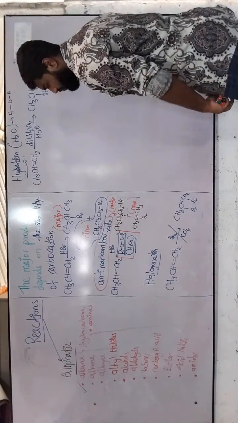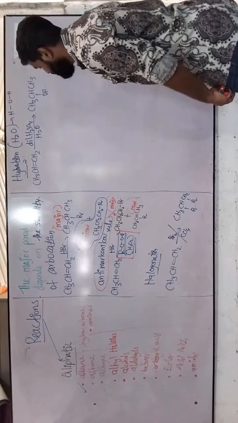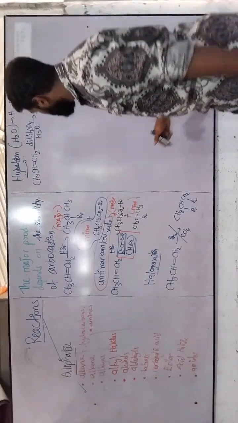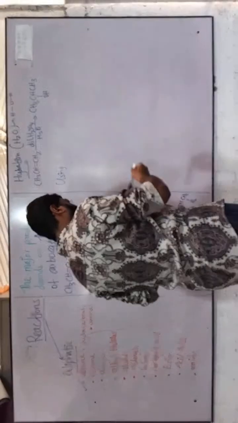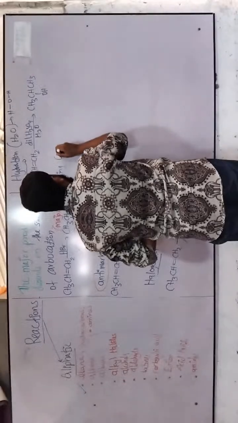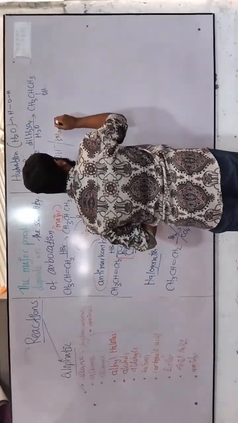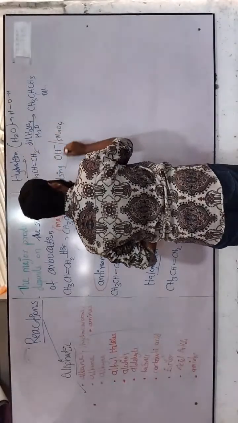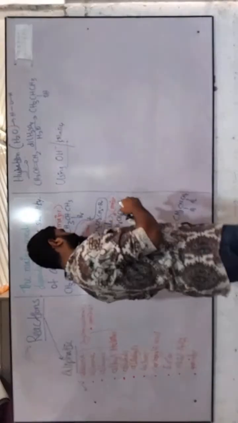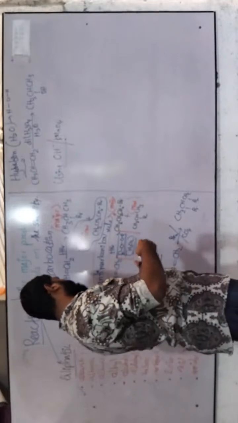Now there's one more special case that you have to know: using potassium permanganate under basic medium. What happens to these alkenes?